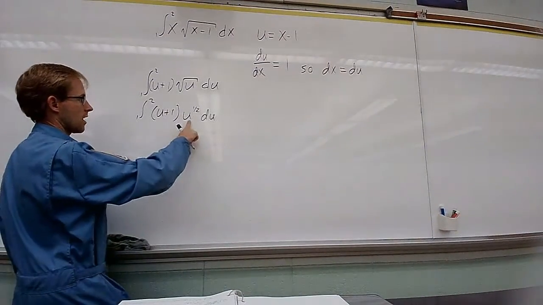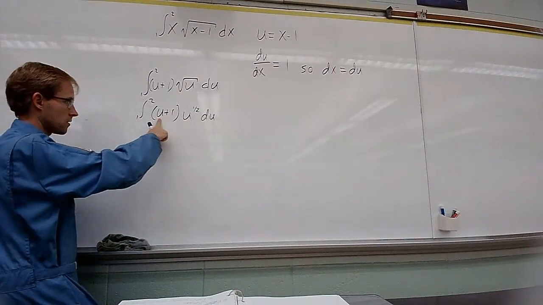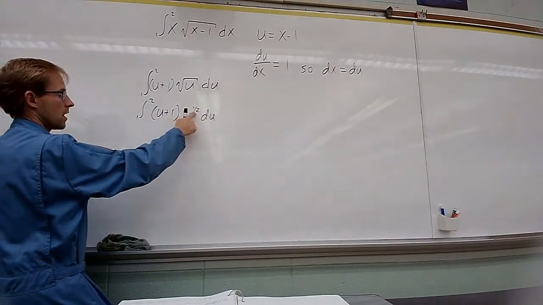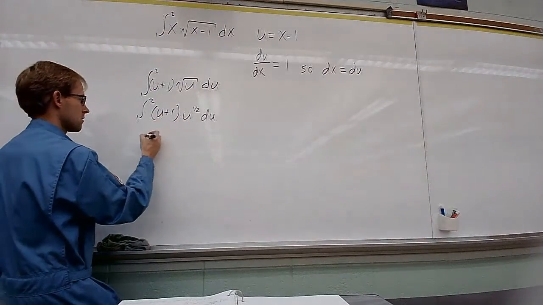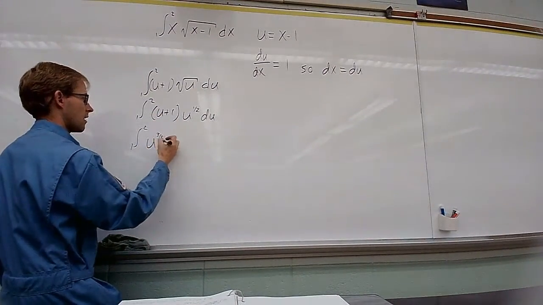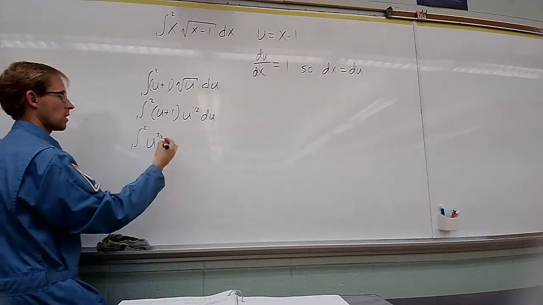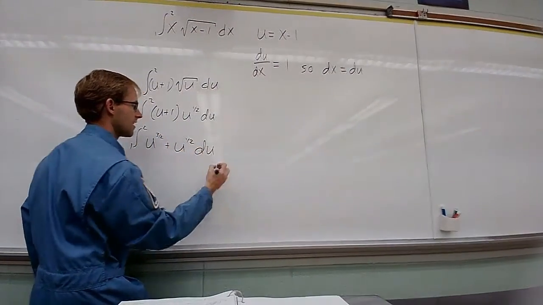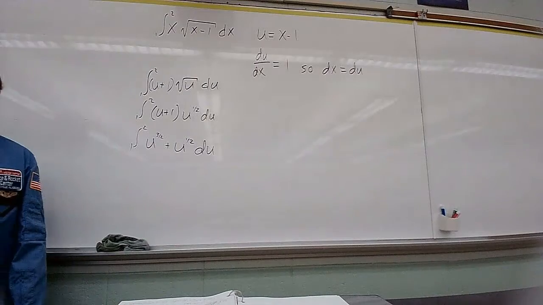So u to the 1/2 times u to the first is going to be 1 plus 1/2, so 3/2. U to the 3/2. U to the 1/2 times 1 is u to the 1/2 du. With me so far?